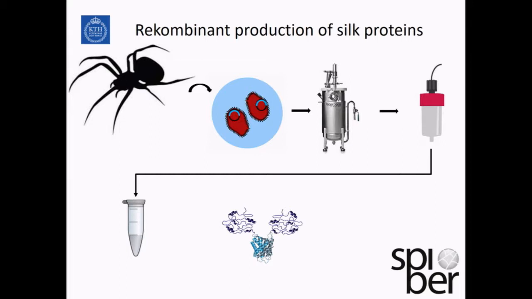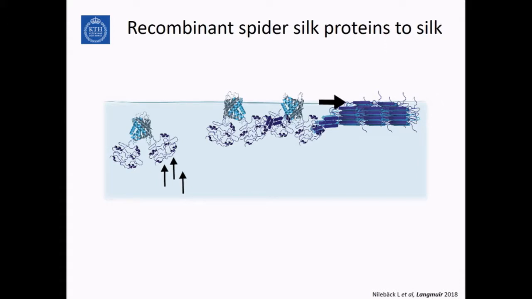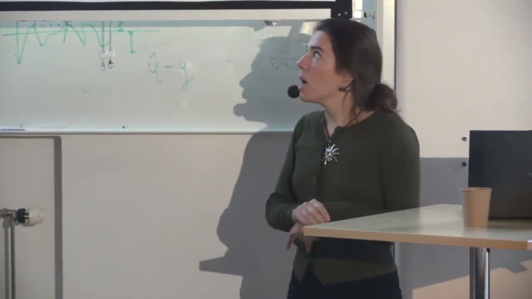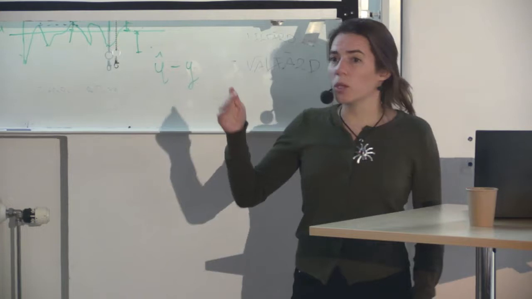And then for this part of the silk protein, we have looked a bit more into how it transforms from a protein solution to a silk material. And it turns out that this protein has the propensity to rearrange into the silk material if it gets to be at an interface. And this interface could, for example, be a water-air interface, a very simple interface.